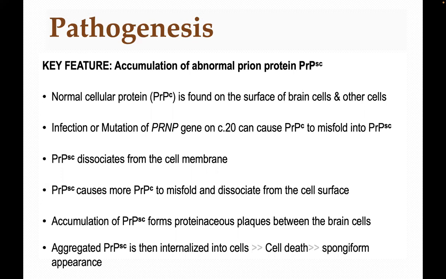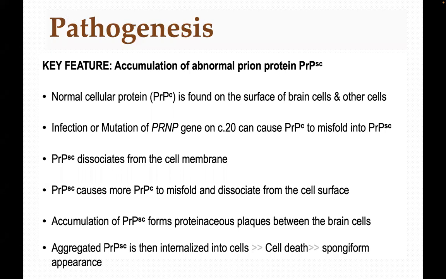So then they accumulate and form proteinaceous plaques between the brain cells. And the aggregated forms are internalized into the cell. And these plaques that have been internalized are neurotoxic to the neurons. So the neurons will die.